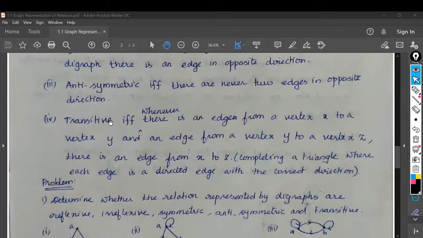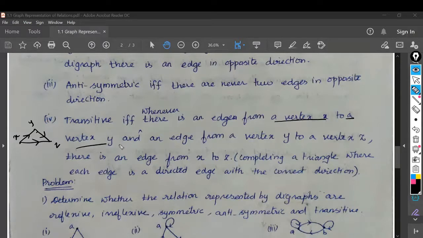Transitivity, right? Transitivity if whenever there is an edge from a vertex X to a vertex Y and an edge from the vertex Y to vertex Z, there is an edge from X to Z. That is what I told you earlier, right?